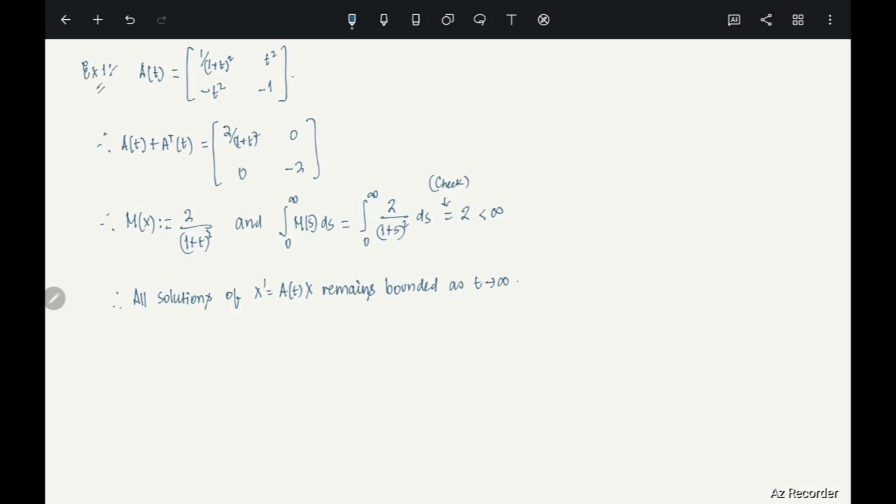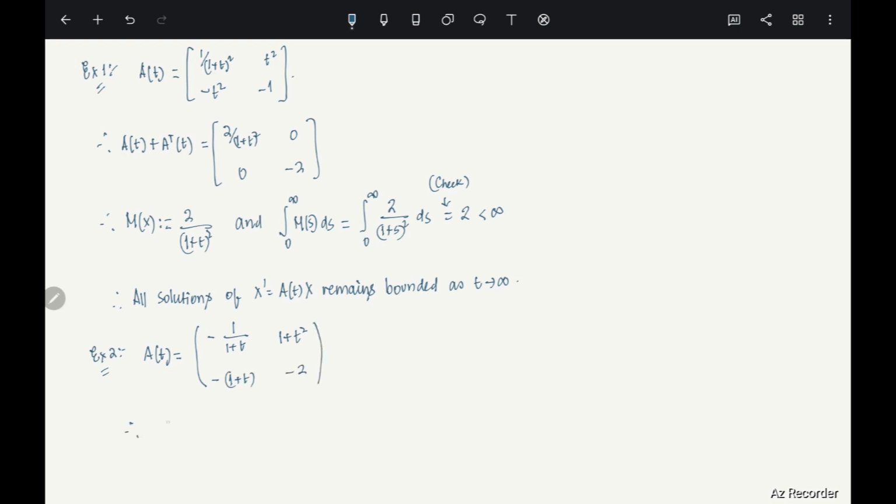Let's do another example. Example 2. Let's say A(t) is minus 1/(1+t), and this part is 1+t^2, the second part is minus (1+t), and the third part is minus 2. Is this okay?